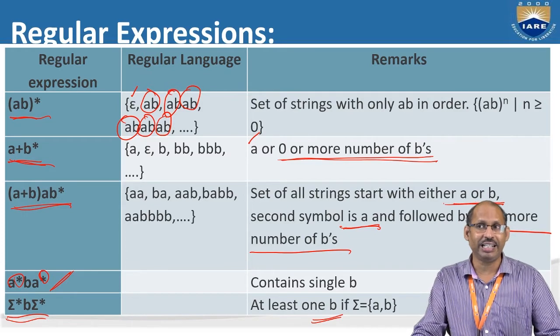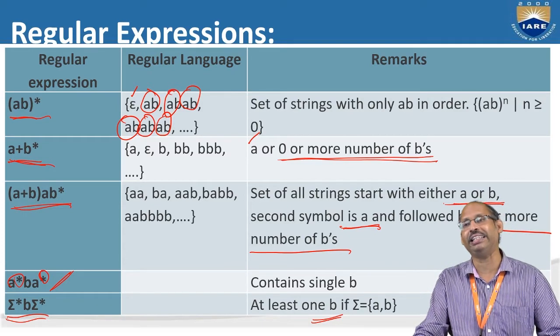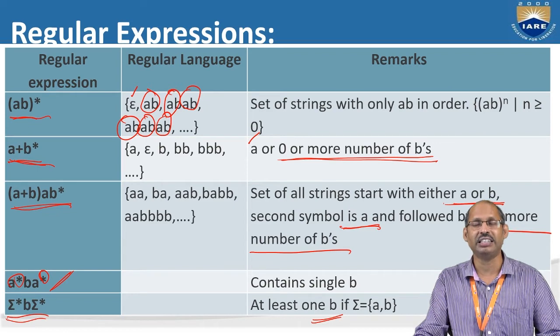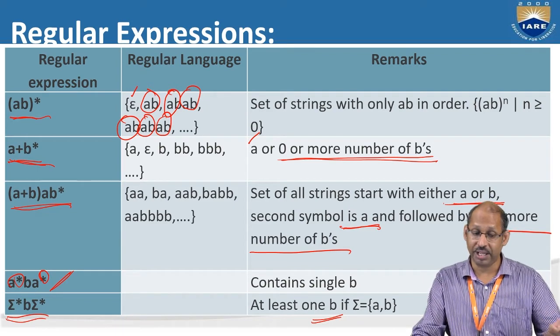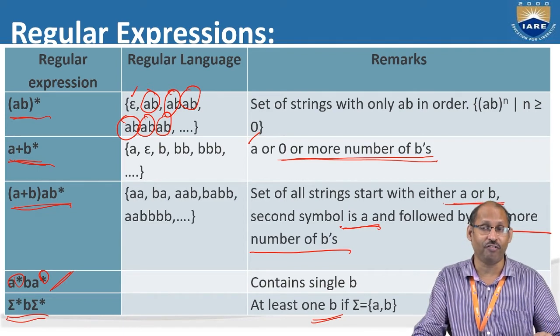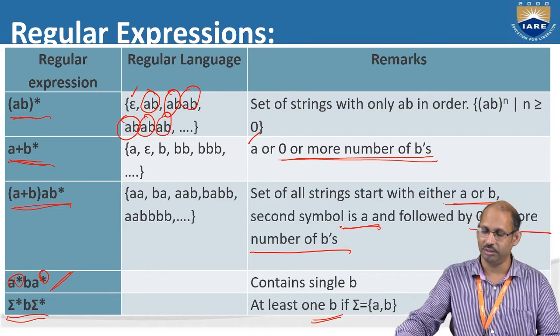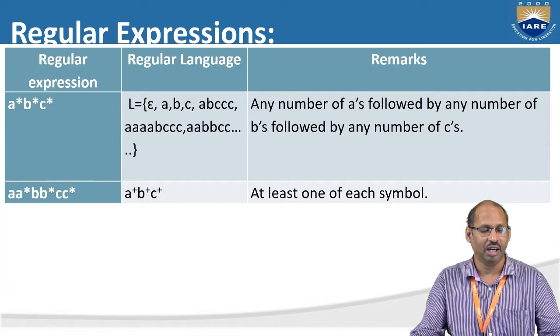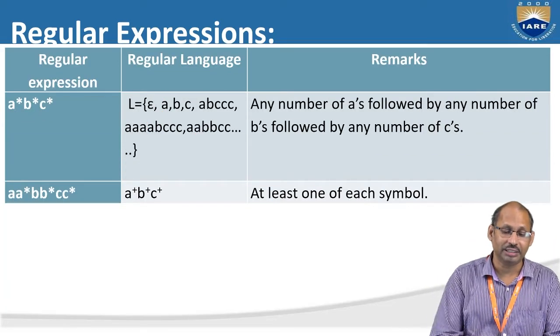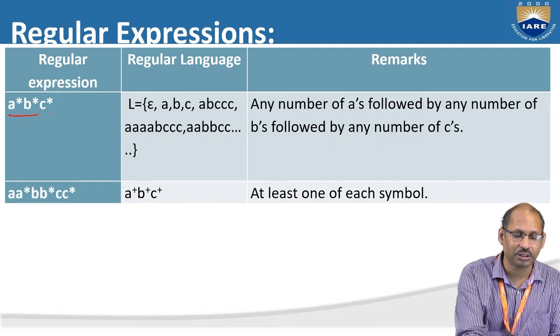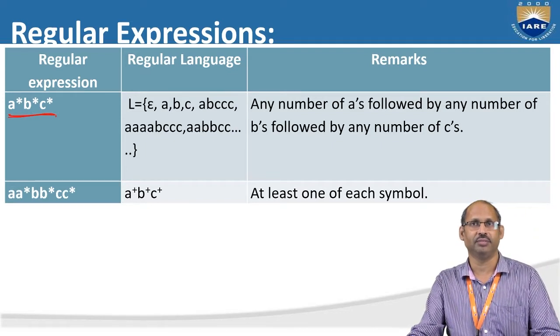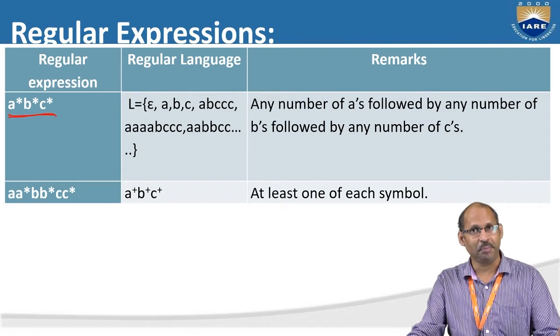It is preceded or followed by any number of A's or B's. In the previous one, it is preceded or followed only by any number of A's. But in this regular expression, it is preceded or followed by any number of A's or B's.